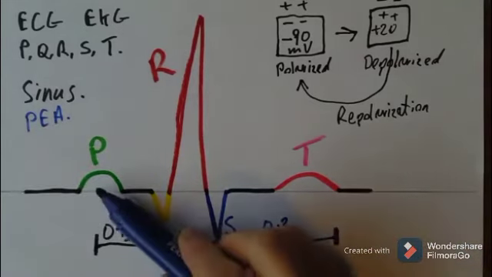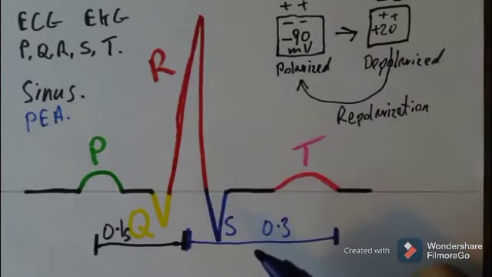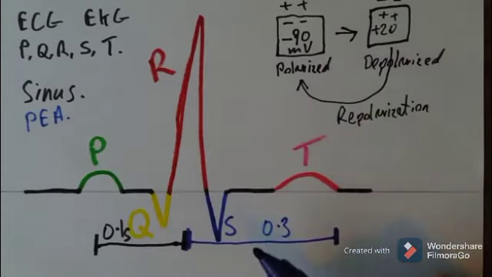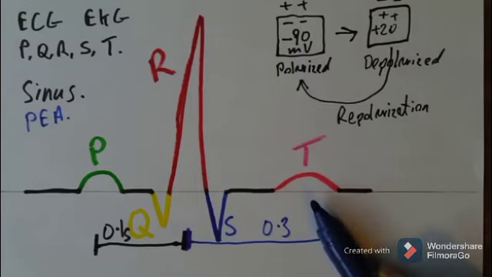The muscle is depolarizing, but the myocardium is unable to respond kinetically because of severe problems such as exsanguinating hemorrhage. That would be the only exception, pulseless electrical activity. Apart from that, P is atrial, QRS is ventricular, and T is repolarization of the ventricle.